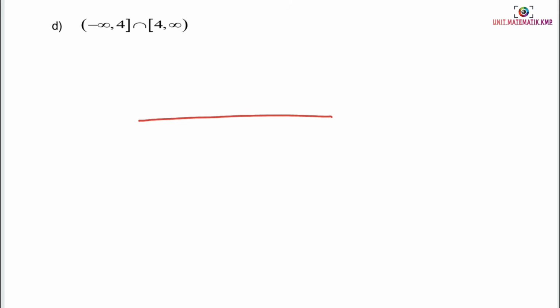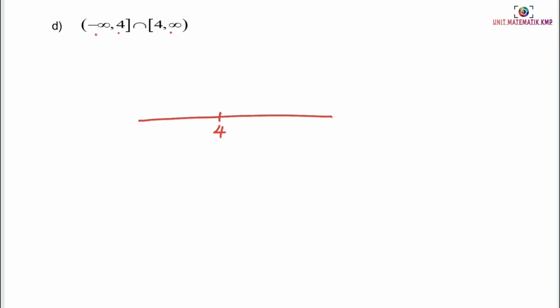Mark the number line using the end values of the intervals according to their values. From both intervals, from smaller value to higher value are negative infinity, 4 and positive infinity. Then we mark here number 4.